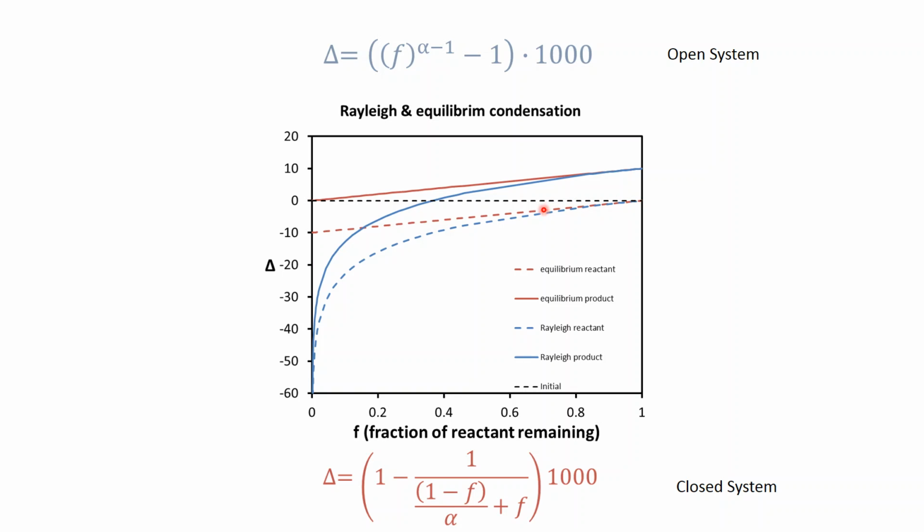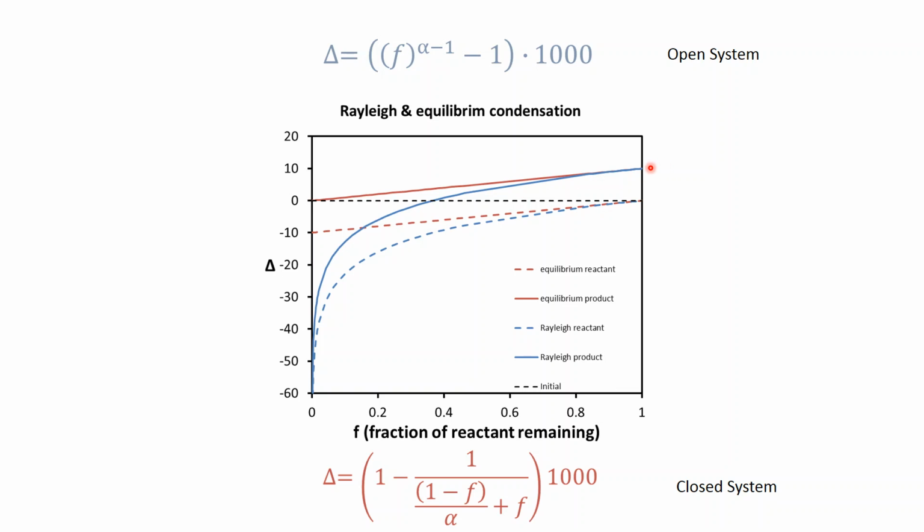Our water vapor gets progressively enriched in the lighter isotopes as we're removing stuff that is isotopically heavy relative to the water at any one point. So when we get to very low fractions of the water vapor remaining, we can drive that water vapor to very, very light values as we've removed all of these heavier isotopes as we've done that condensation.